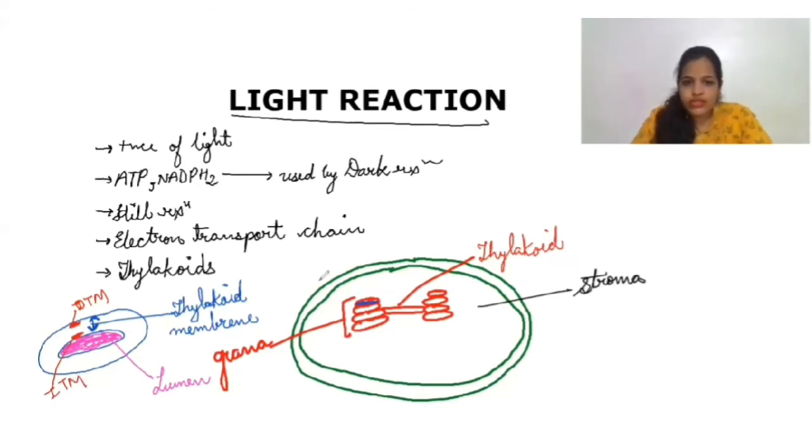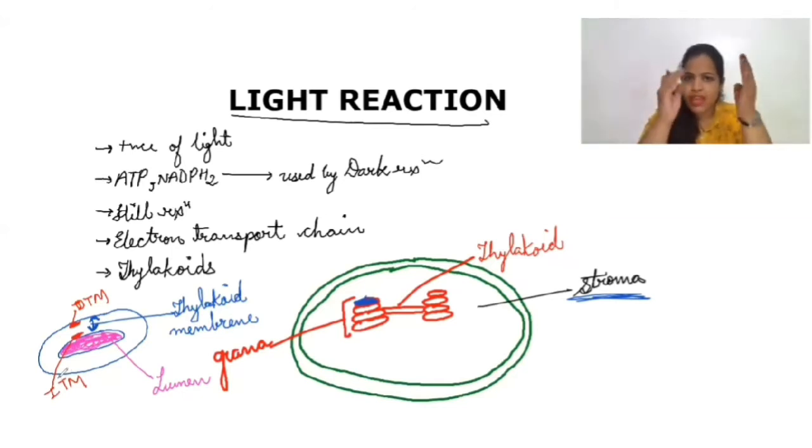Now, surrounding this thylakoid, what is present? Of course, we have the stroma. So in the surroundings of this thylakoid, outside this outer thylakoid membrane, stroma will be present. Clear?